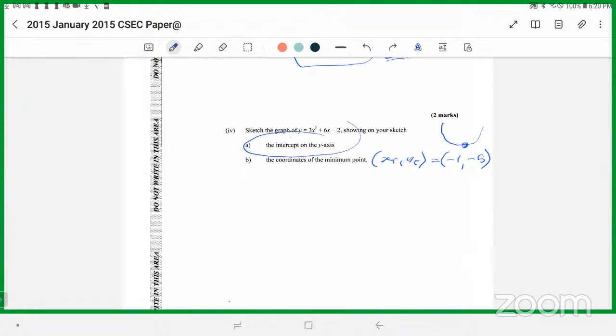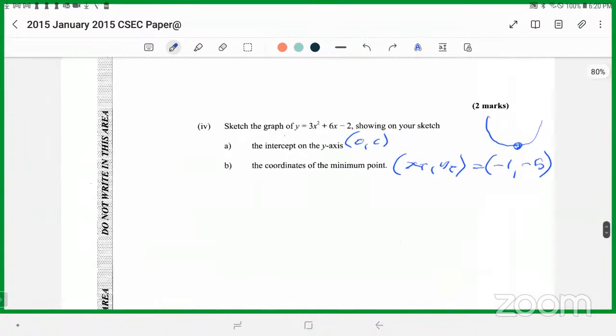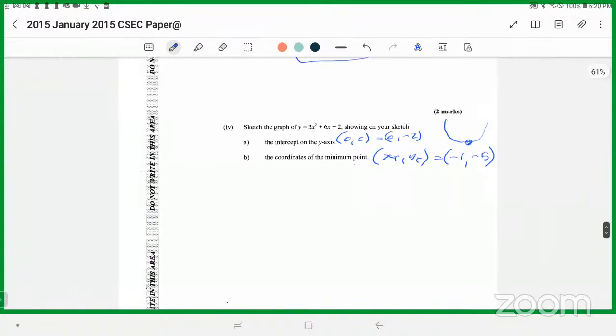And this is the y-axis intercept, which is (0, c). The c value is negative 2, so that is (0, negative 2). It's a smile shape graph because the a is positive.